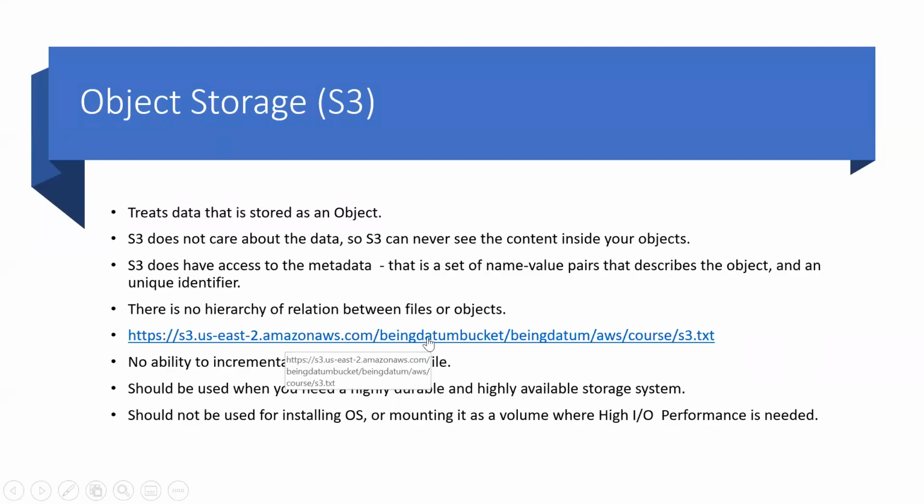So here, datum bucket would be my bucket name, this would be my object key, that is datum AWS codes s3.txt, and this would be my endpoint.